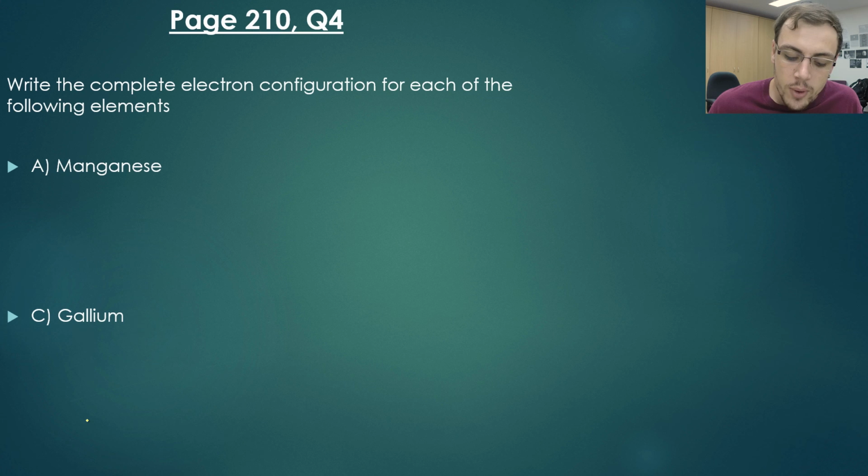Okay, so let us move forward now to question 4, page 210 in your textbooks. Write the complete electron configuration for each of the following elements. We've got manganese and gallium. This is going to be nice and easy because in all of your examinations, you will be given a periodic table.